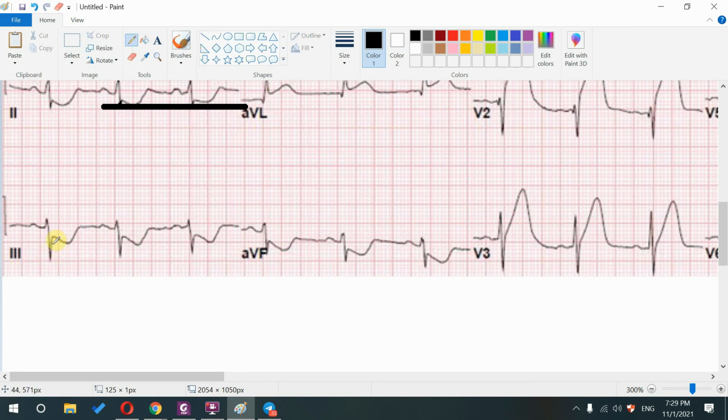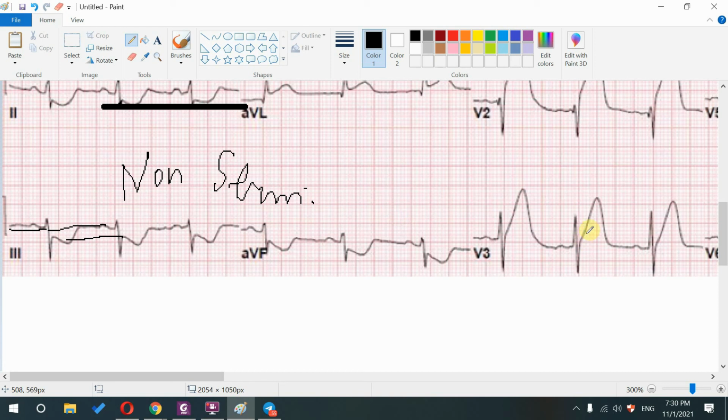Yeah, so this is S. Is it lower than the PR interval? Yes, so it is an ST segment depression, myocardial infarction, also called non-STEMI.